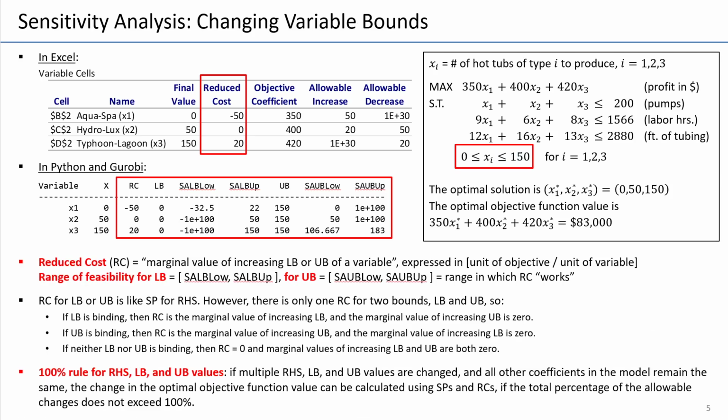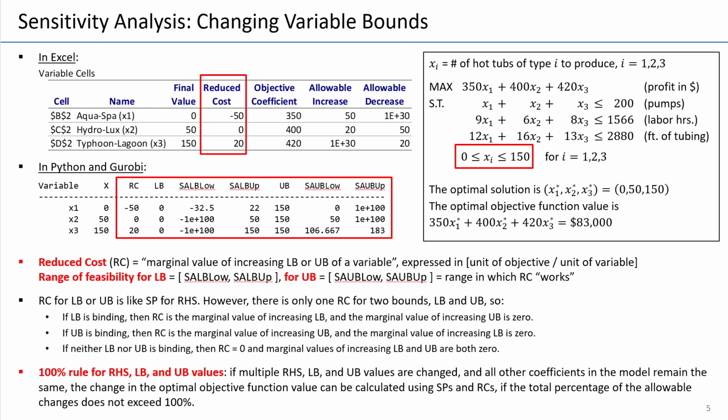I could also show you examples of the 100% rule. So we could, for example, change one lower bound and change also another upper bound. And as long as the percentage of changes is within 100%, measured relative to allowable changes, we could apply the reduced cost to determine the change in the optimal objective function value.